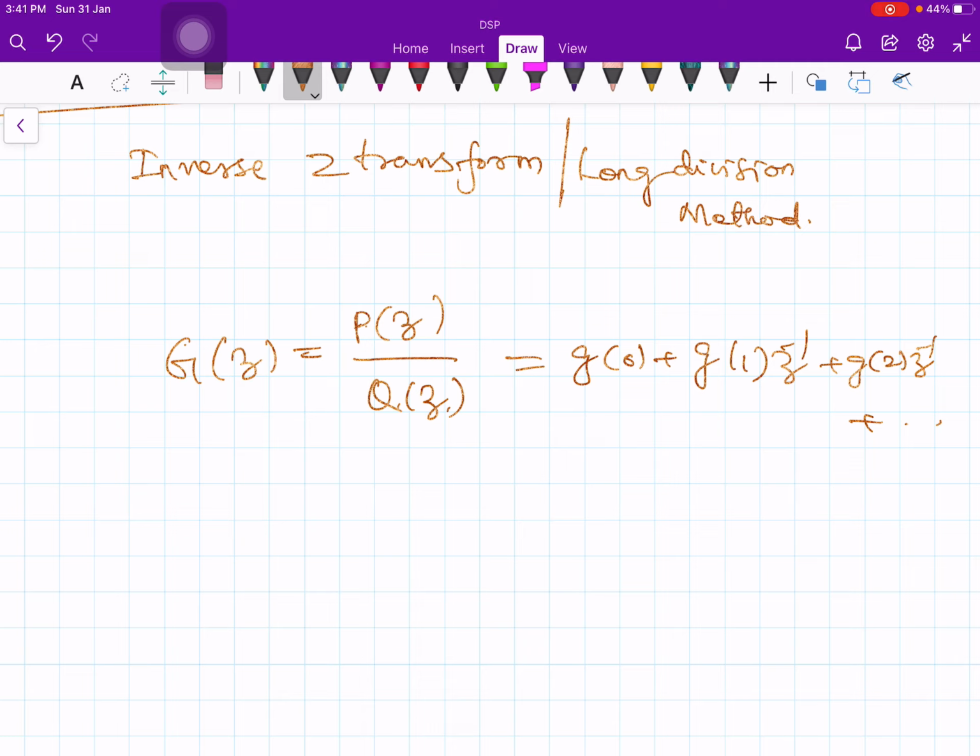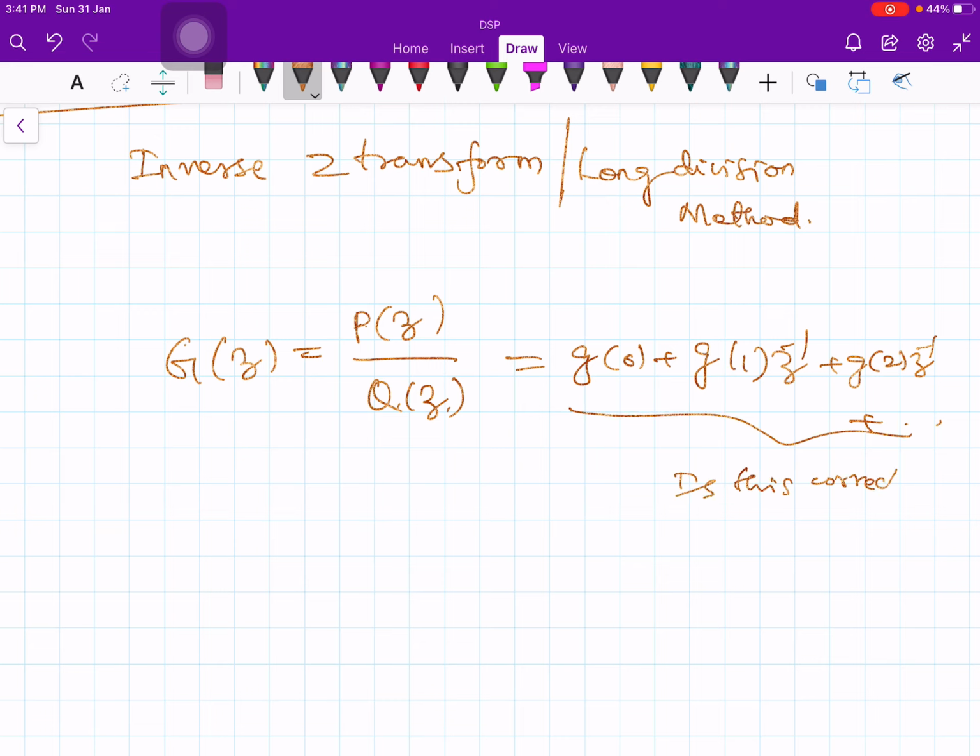Now, straight away I wrote like this. Now the question is, is this correct? Because in the given problem it does not contain the ROC. Without specifying the ROC, if somebody writes like this, then this is wrong.